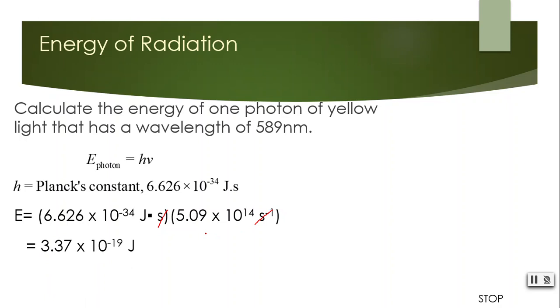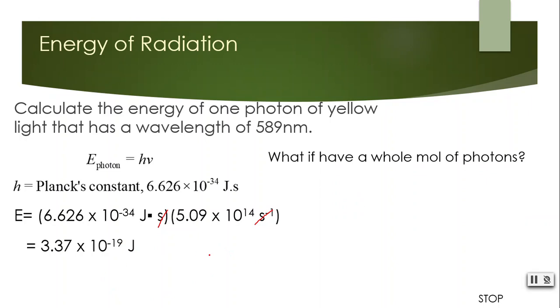one photon though. What if, when we deal with elements, many times we deal on a mole basis. How much would 1 mole be, what if I have a whole mole of photons? Like 6.022 times 10 to the 23rd of them.